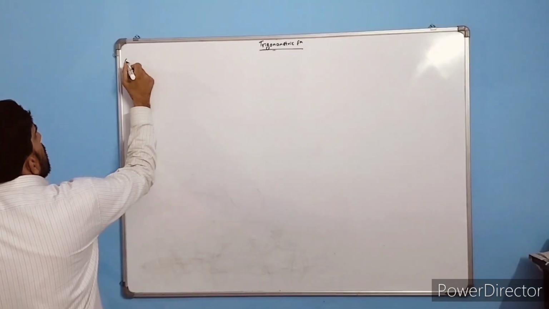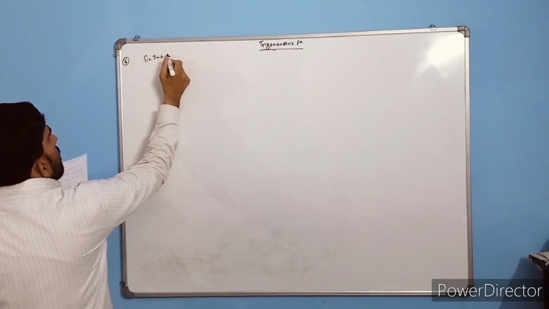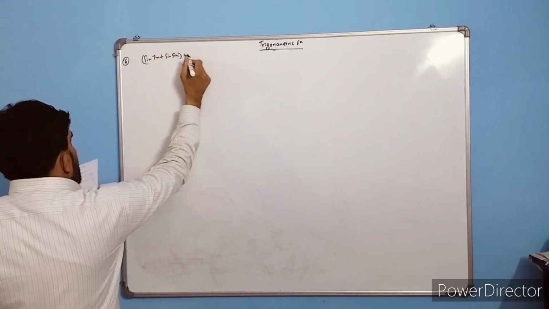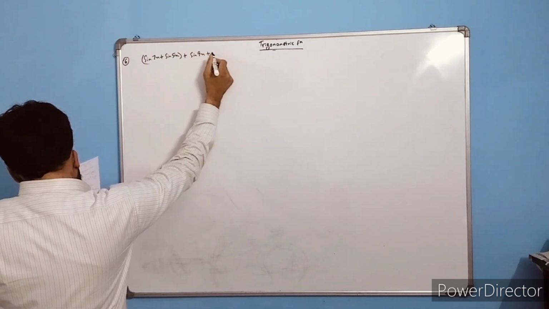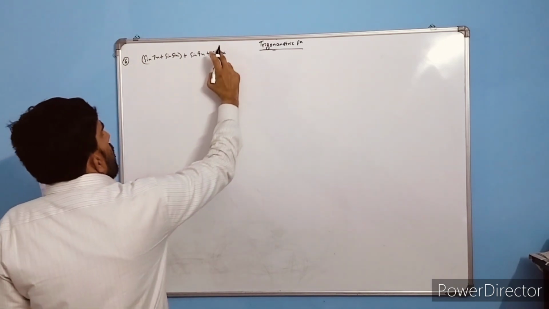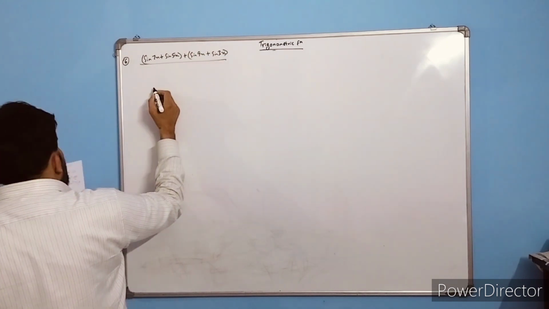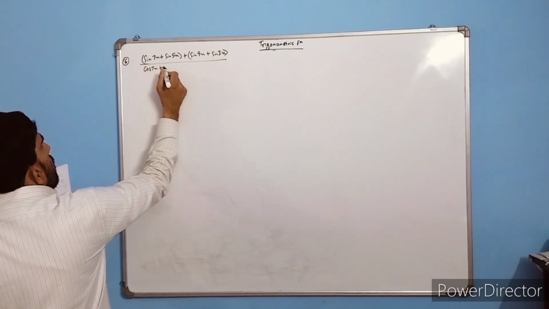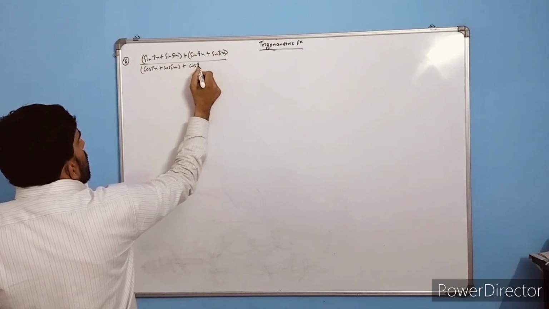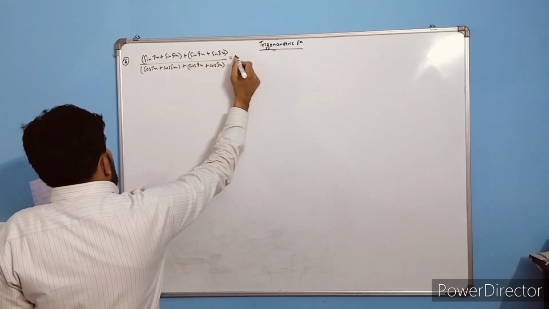It is saying sin 7x plus sin 5x plus sin 9x plus sin 3x upon cos 7x plus cos 5x plus cos 9x plus cos 3x is equal to tan 6x.